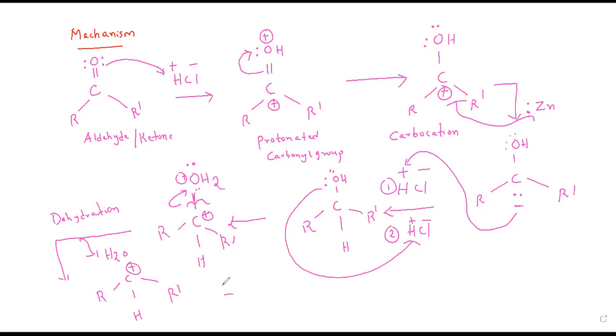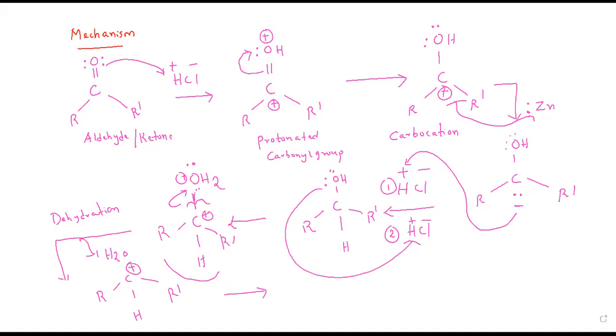In the next step, you can use HCl again. This HCl will undergo dissociation to form H plus and Cl minus. But instead of H plus, you can use zinc here, because we need to stabilize this carbon first.